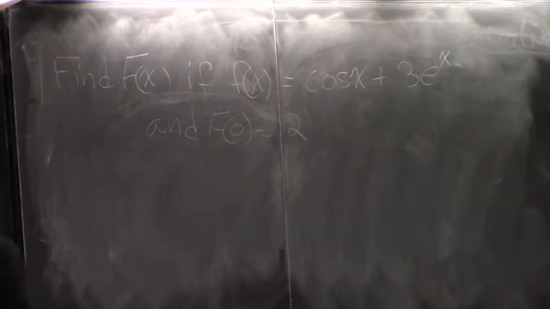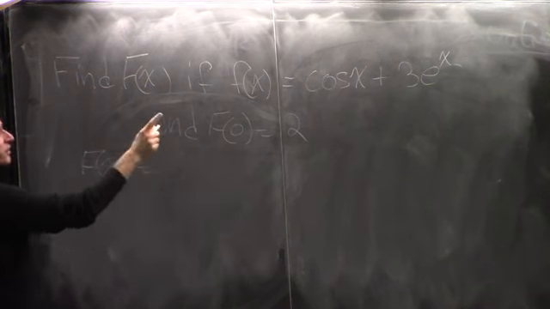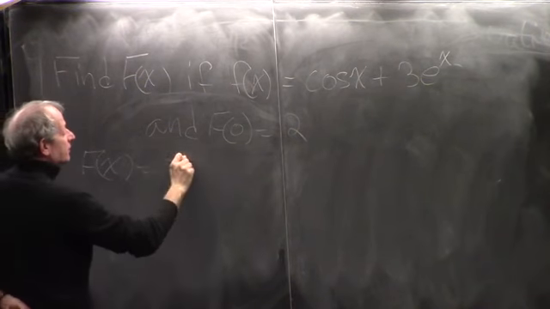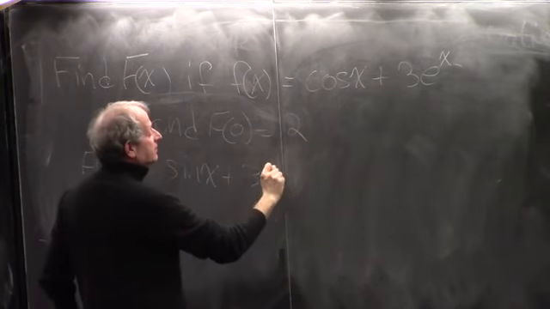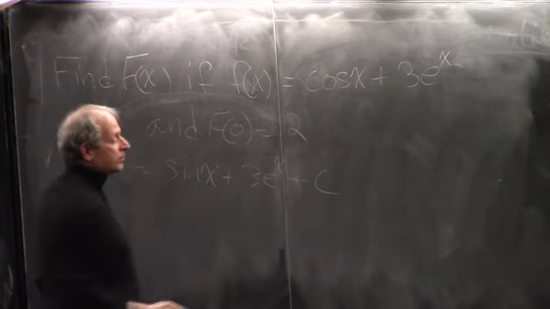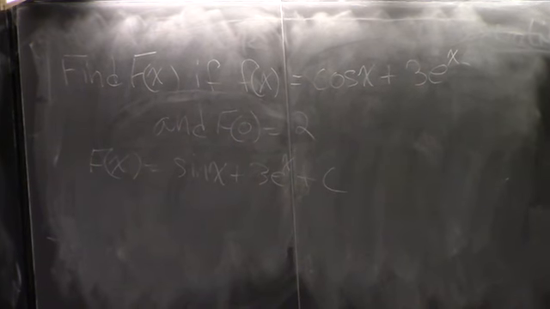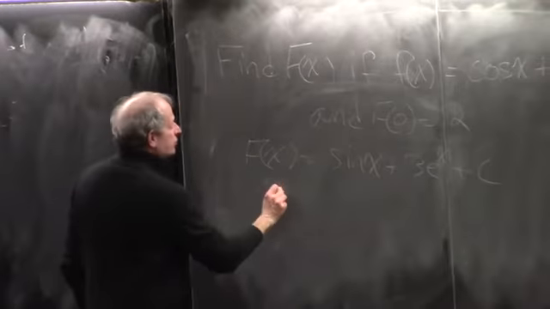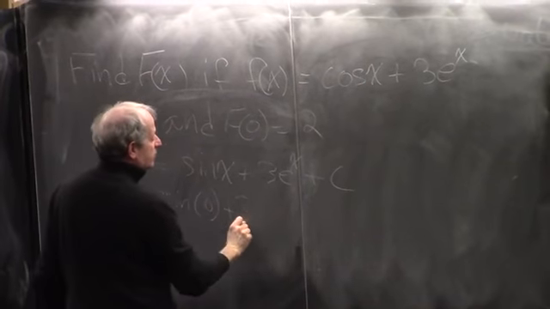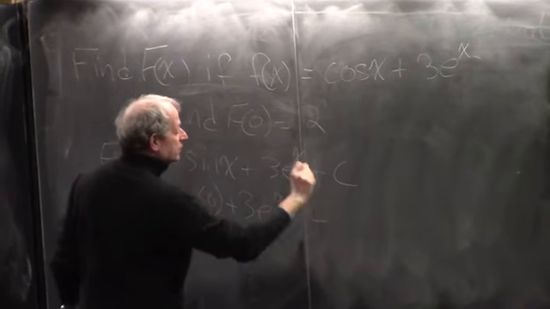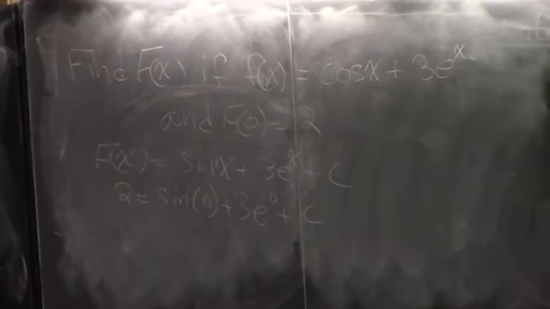Alright, so, capital F. What's the antiderivative of cosine? Sine of x. Antiderivative of 3e to the x is 3e to the x. Plus a constant. And I know when x is 0, I have to get 2. So sine of 0 plus 3e to the 0 plus c. Sine of 0 is 0.